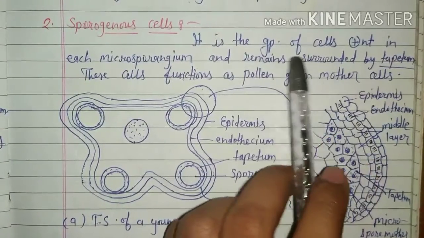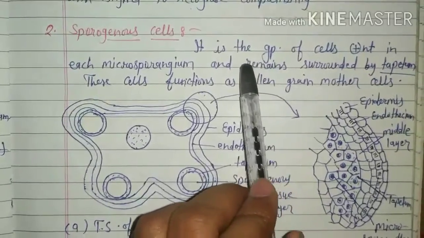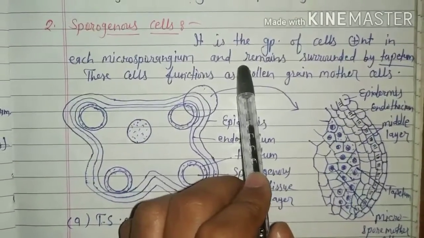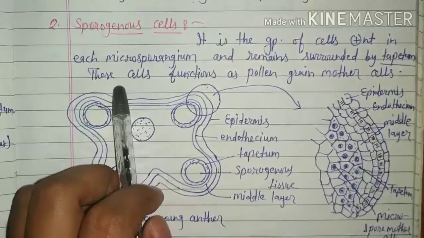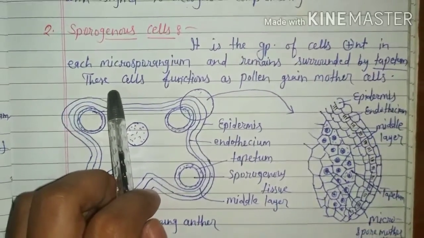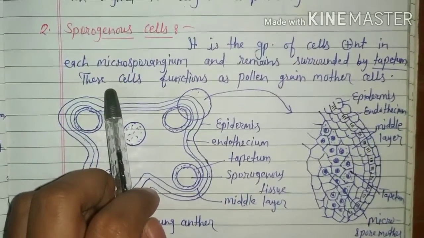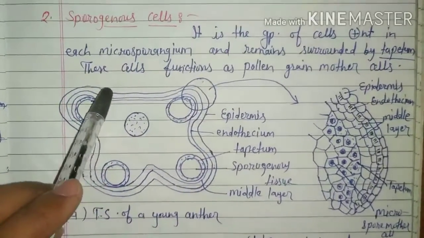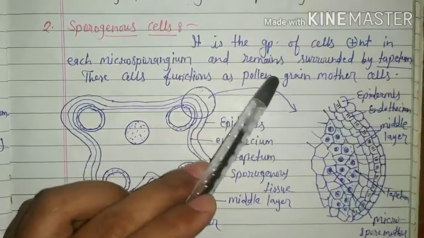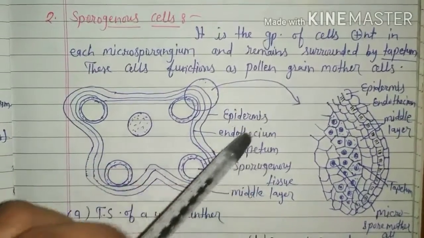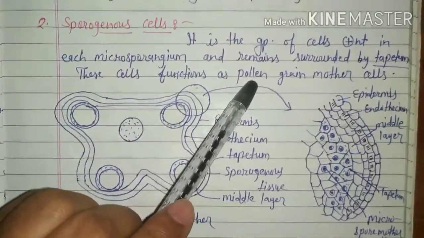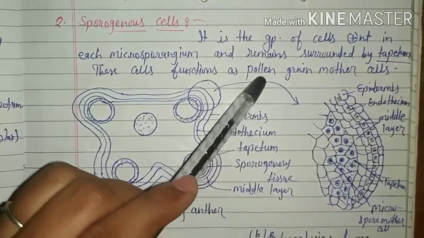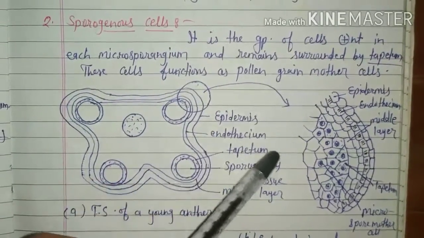It means four layers of microsporangium cover the sporogenous cells, and the innermost layer is called tapetum, which surrounds the sporogenous cells. These cells function as pollen grain mother cells, that is, microspore mother cell, MMC or PMC.